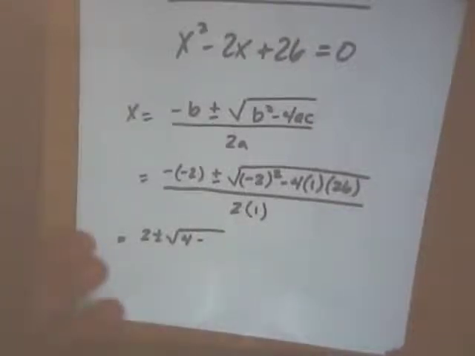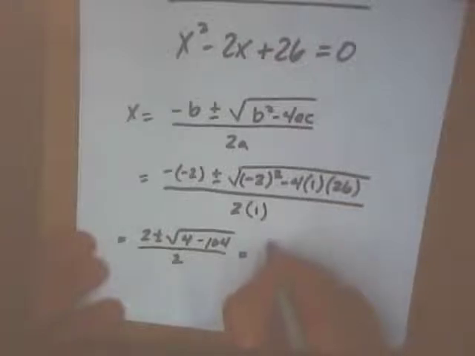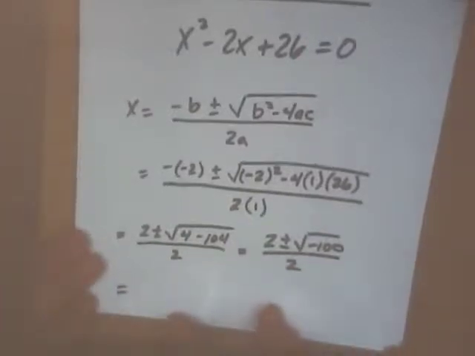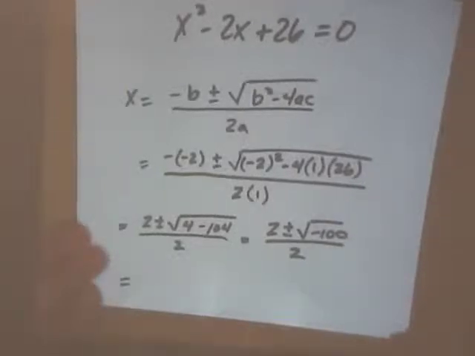What is that? 104? Square root of negative 100? Square root of 100 is 10.